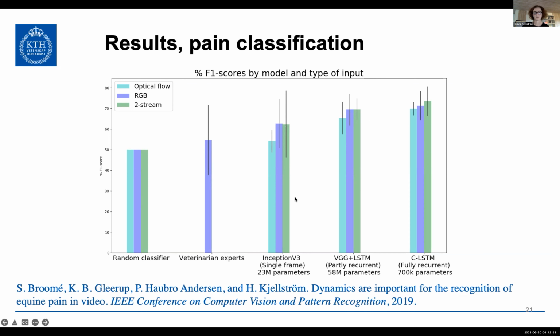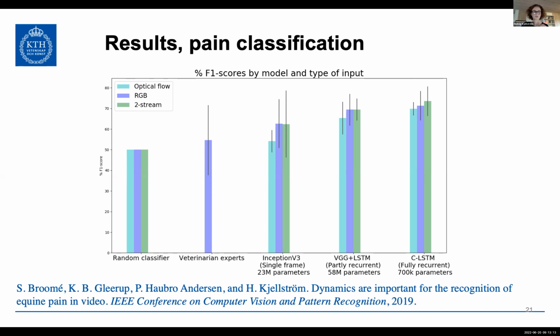And another thing we can note is that, as you understood from the data description, this is connected to ethical problems. The data collection is, you have to put horses in pain in order to record them.